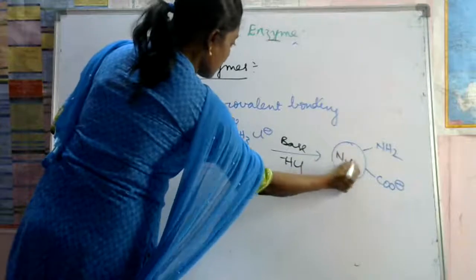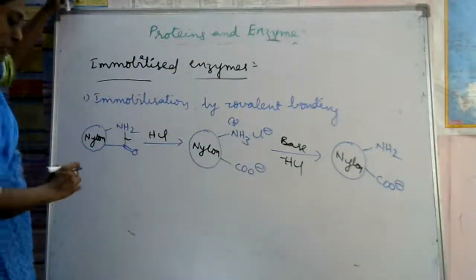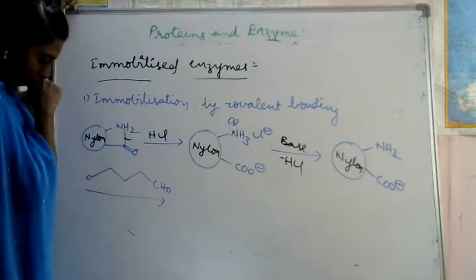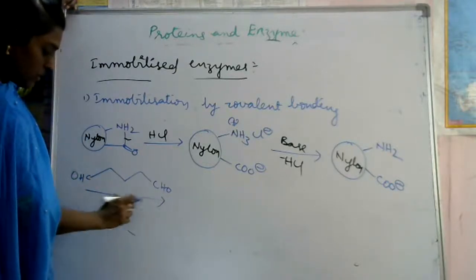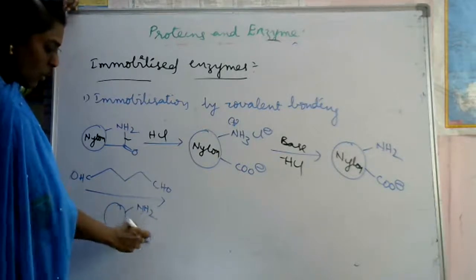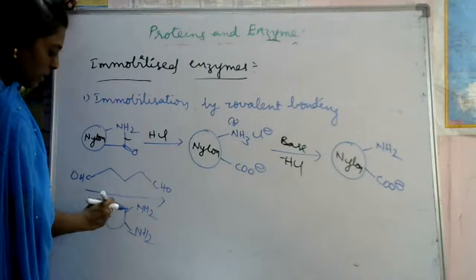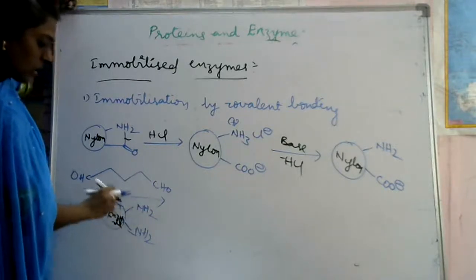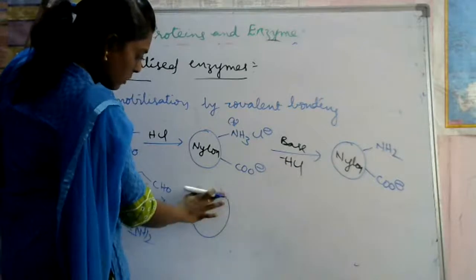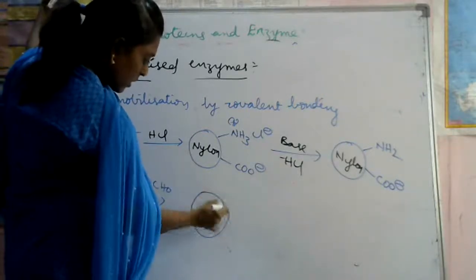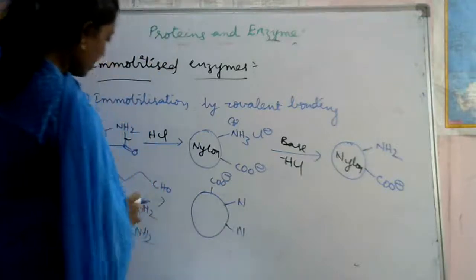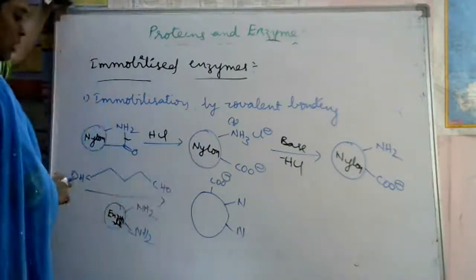After this, when it reacts with the CHO groups, here CHO is there and here also CHO. Next we use the enzyme, which has NH2 groups.